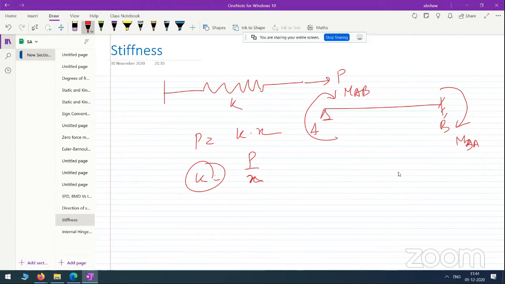Then this beam will rotate something like this, and this is theta A.